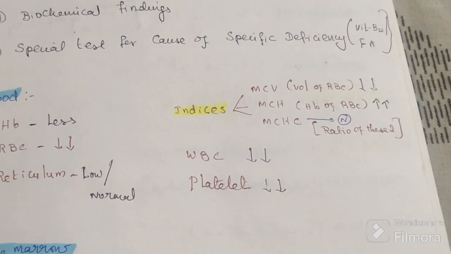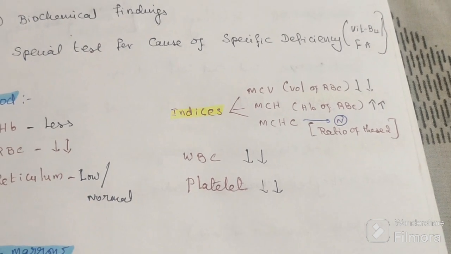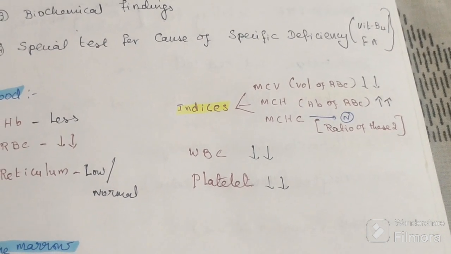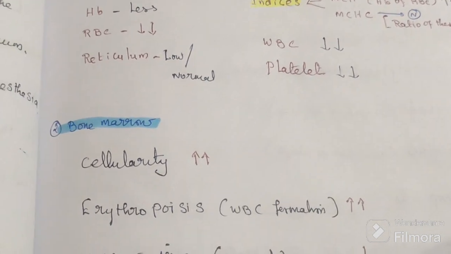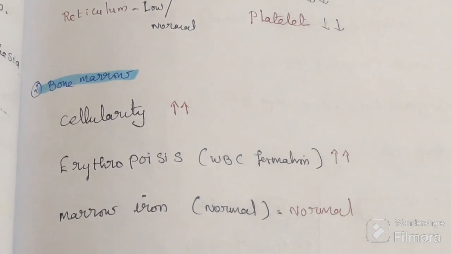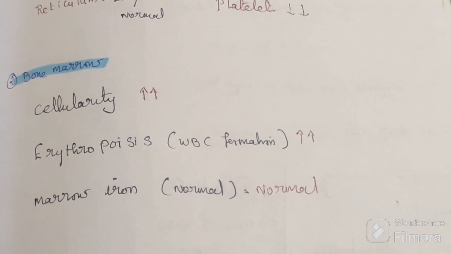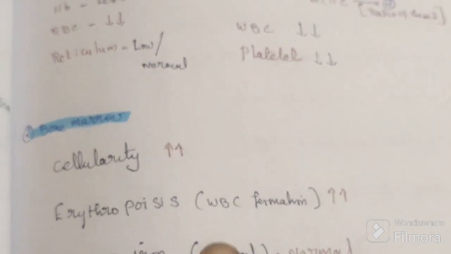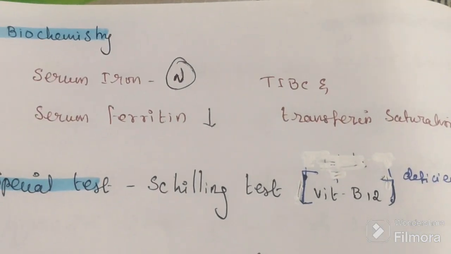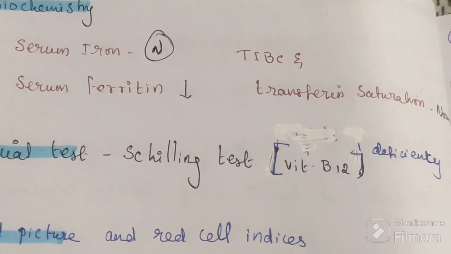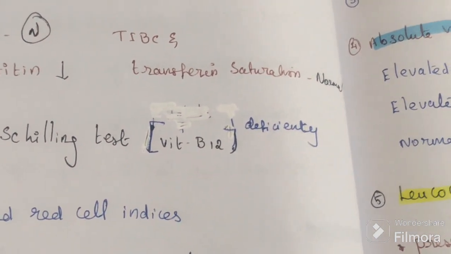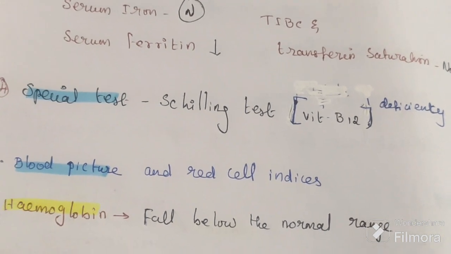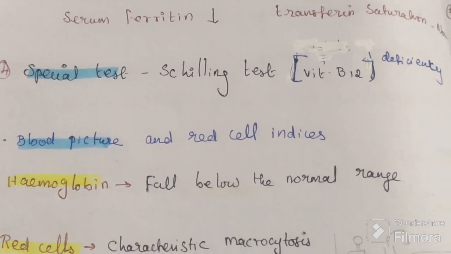In indices, MCV increased, MCH increased, MCHC normal; WBC and platelet levels also decrease. Bone marrow cellularity increased, erythropoiesis increased, marrow iron normal. Biochemistry: serum iron normal, serum ferritin normal, TIBC and transferrin saturation normal. The special test we will discuss in a separate video.